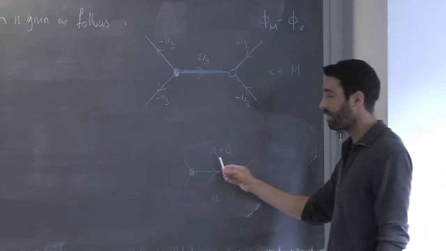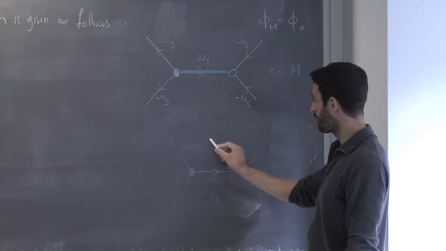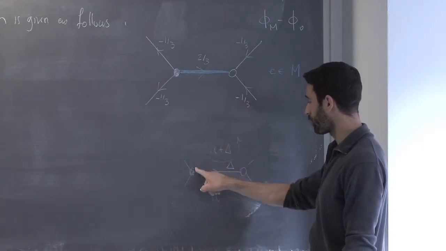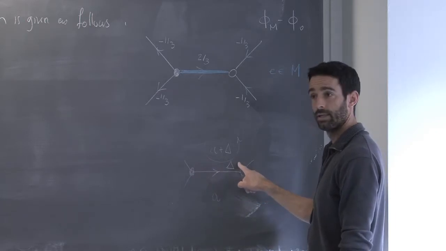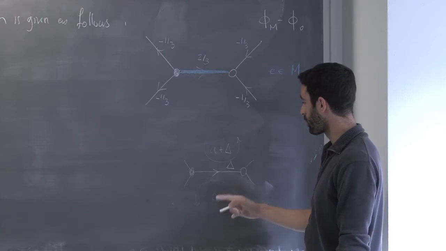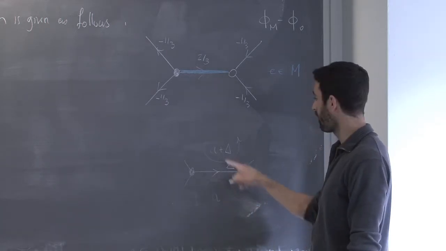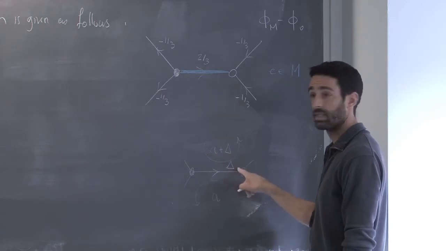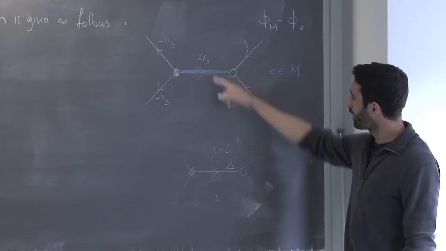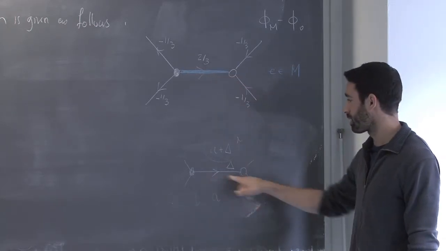Because when you sum over the boundary of the face, which is oriented like this, you have a contribution a plus delta on this edge, and here it's oriented like this, so you have a contribution minus a. The overall contribution on this edge is a plus delta minus a, so it's delta.